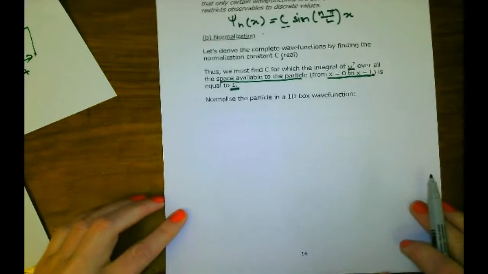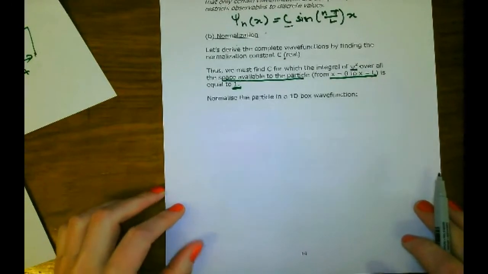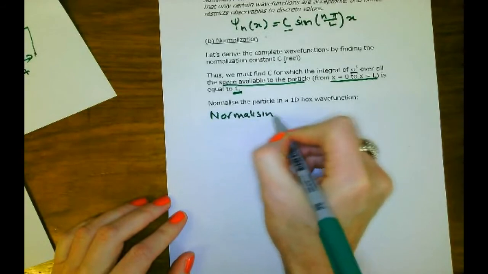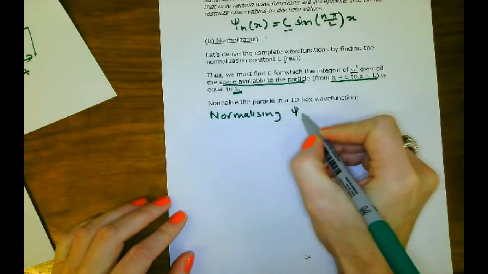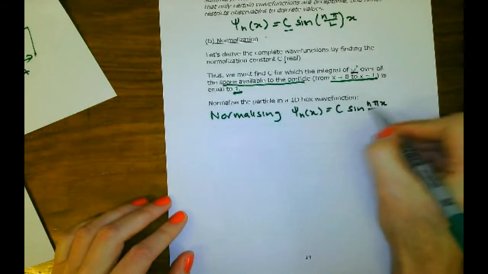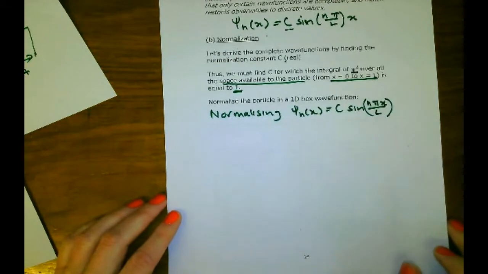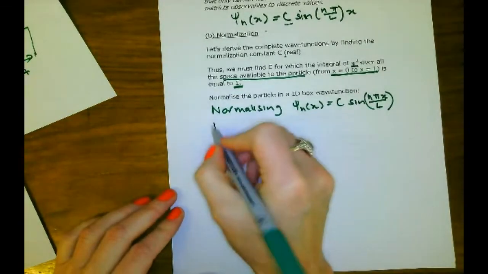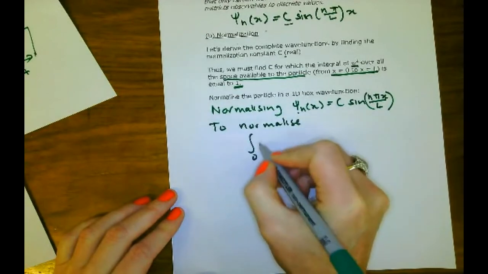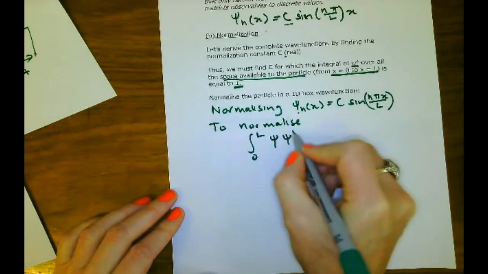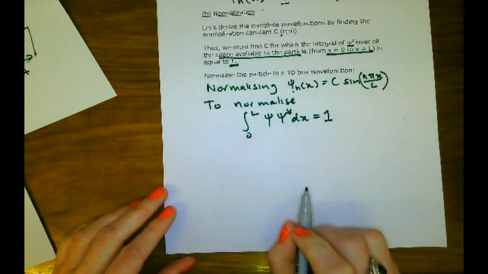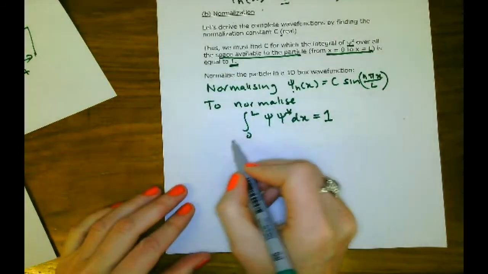Okay, so now we're going to normalize the particle in a 1D box wave function, finding C. To normalize a wave function, we basically have to ensure that the probabilities add up to 1.